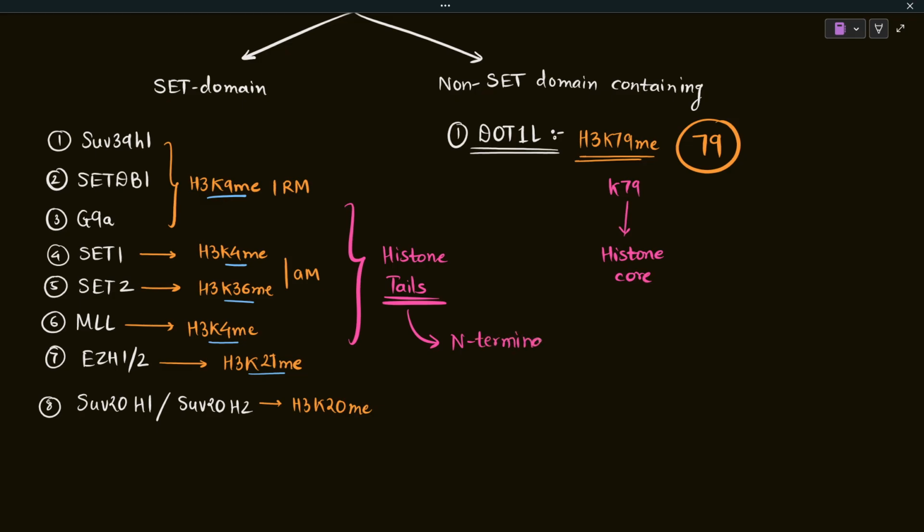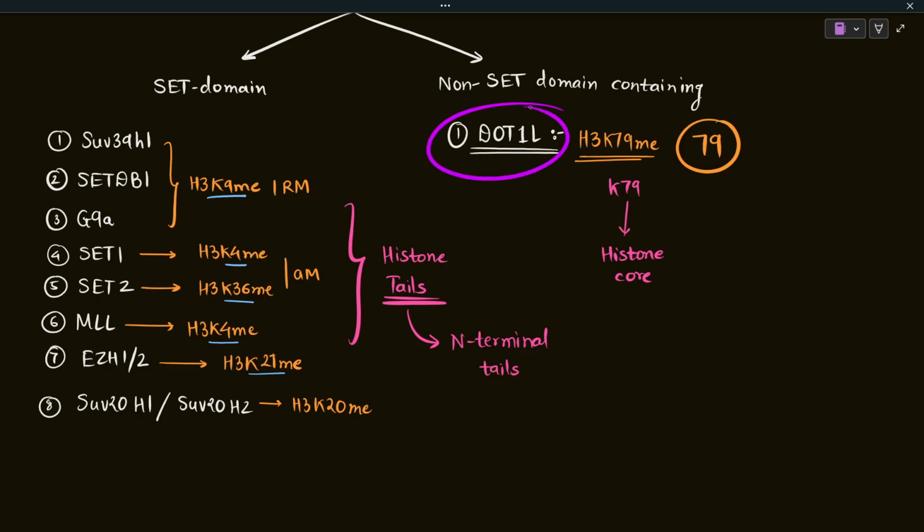I hope you remember that when we were discussing the introduction video of histone methylation, and even in the histone modifications lecture, we discussed that almost all of the histone modifications are done on the histone tails, but there are certain modifications which are done on the histone core as well, and this is the example of that one.